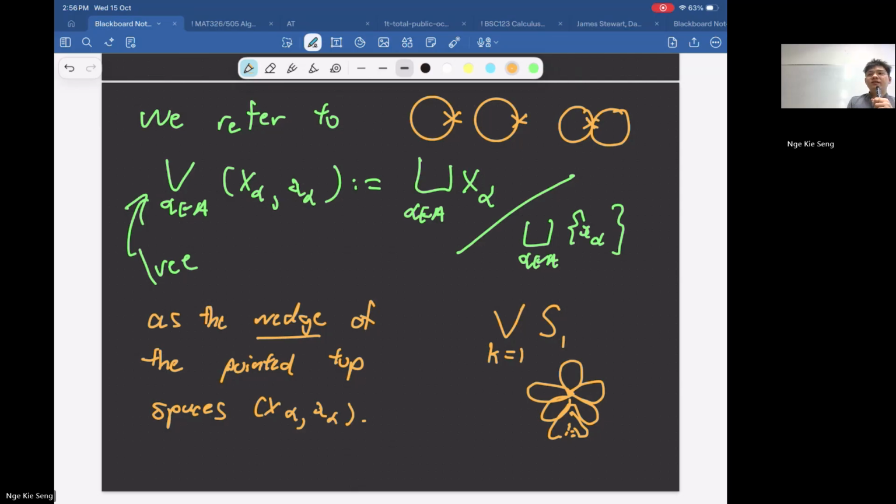The quotient here is just identifying points. It's a single point, so it's equivalent to gluing at that point, and we identify these points together.